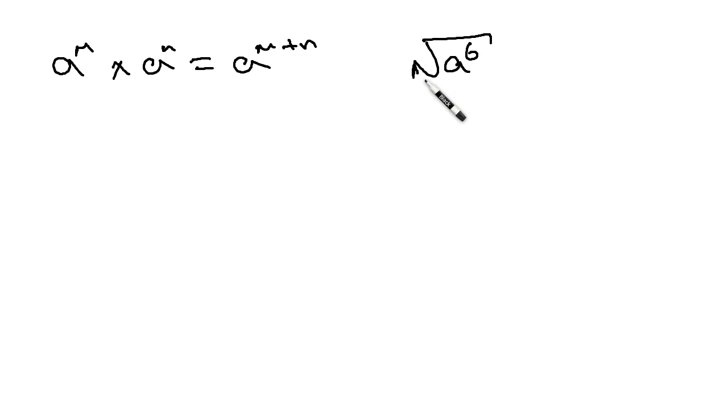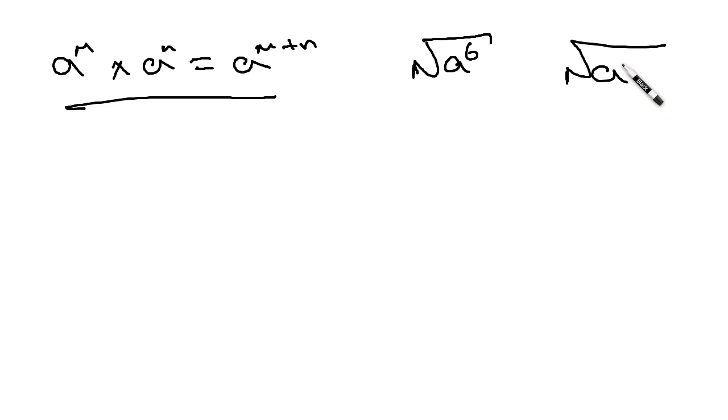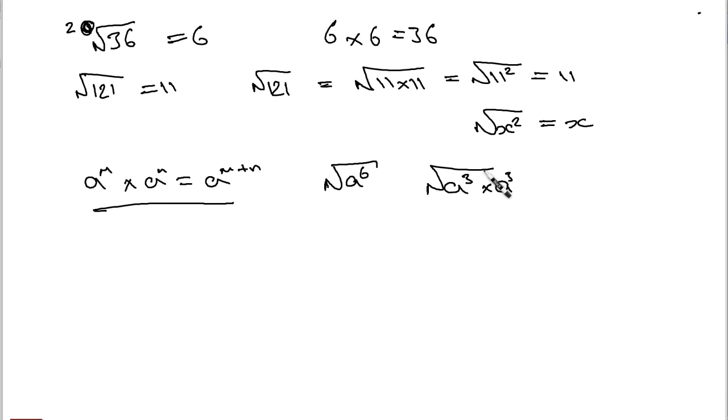Now 6, using this exponent rule, I can rewrite this as a to the 3 times a to the 3. And so the answer to that is just a to the 3, because in here what I've actually got is a to the 3 times a to the 3, which is a to the 3 squared. A square root and a square, they'll cancel each other out, just leaving me a to the 3.